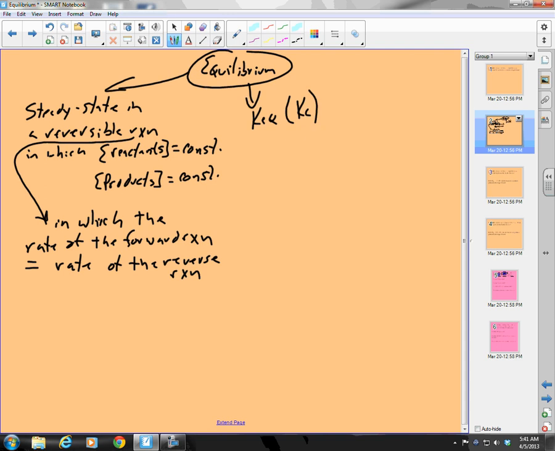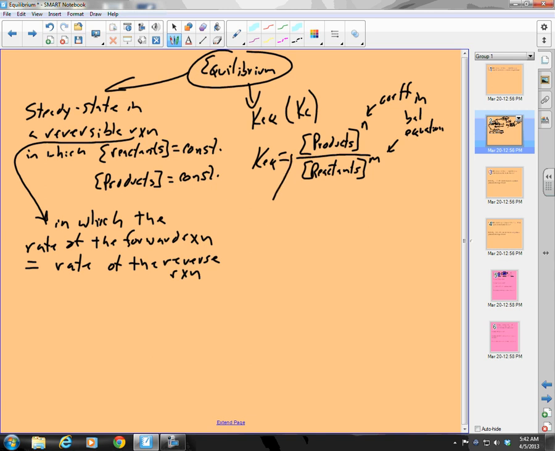And for all equilibriums, we have this constant, and that constant is equal to the concentration of the products raised to a power, and this power is based upon the coefficients, over the concentration of the reactants raised to a coefficient, we'll call it M, raised to a power, and that's based on the coefficients in the balanced equation, right?